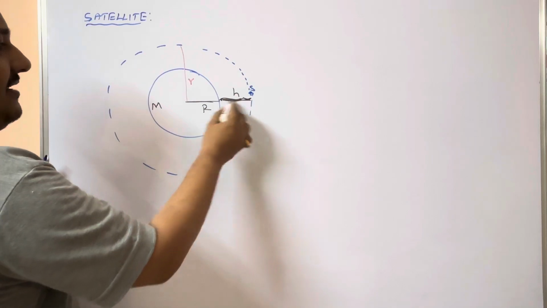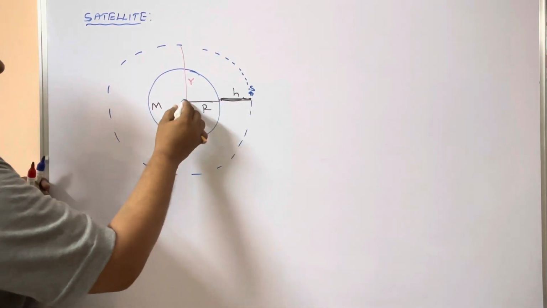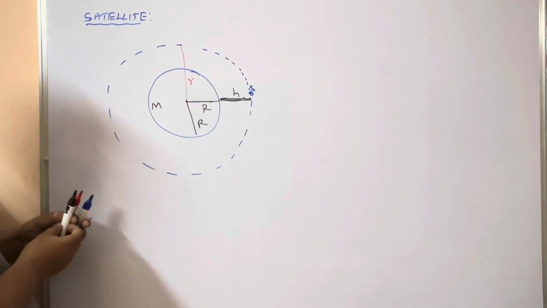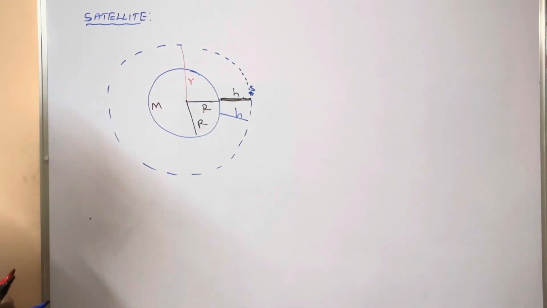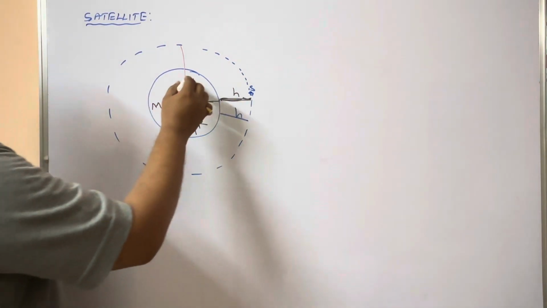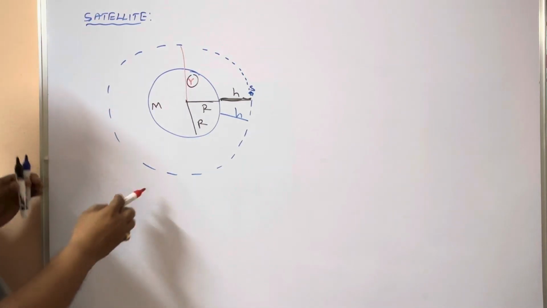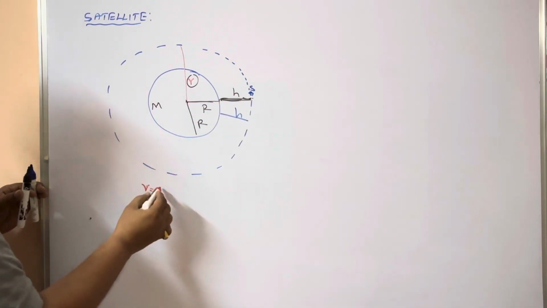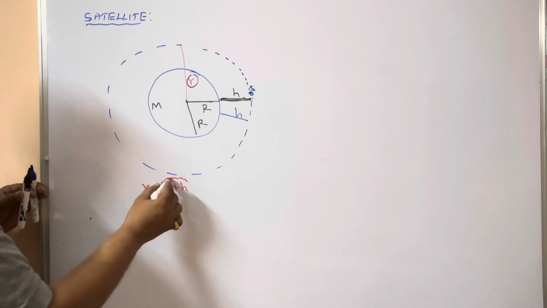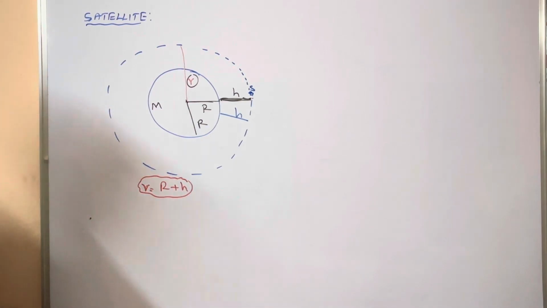So r is the radius of the orbit, h is the height of the satellite from the surface. Then what is small r? Small r is the distance from the center to the satellite, that is nothing but capital R plus h.